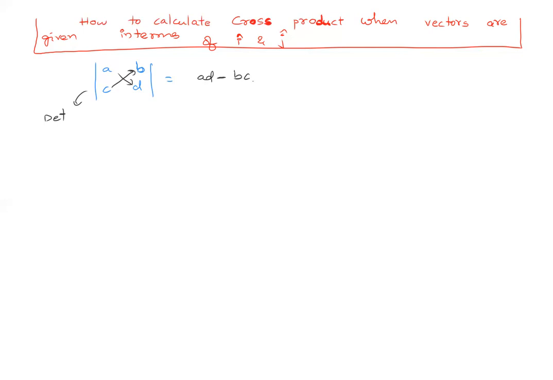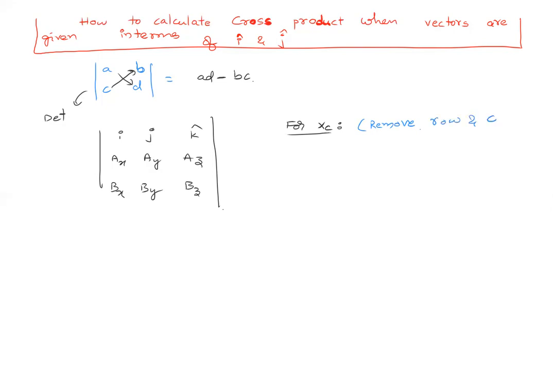Now in doing the cross product, if you have i cap, j cap, k cap, and the components ax, ay, az, bx, by, bz, for the x component you are supposed to remove the row and column of i and take the determinant of the remaining part.